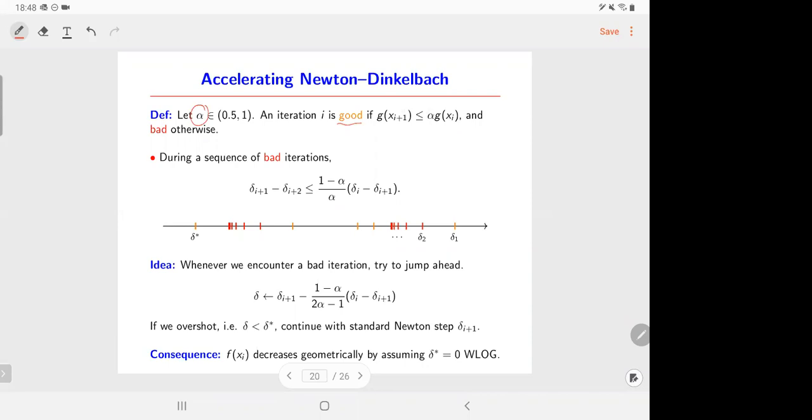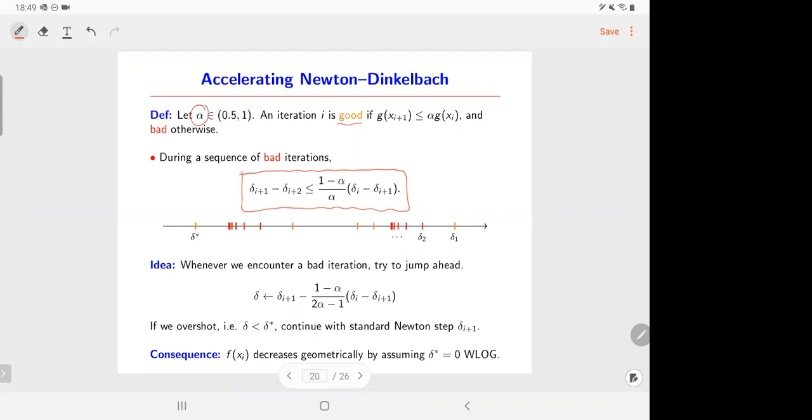Now, suppose we look at a sequence of bad iterations. What we know is that the iterates shrink geometrically. So, for example, on this axis, the orange dots are the good iterations and the red dots are the bad iterations.